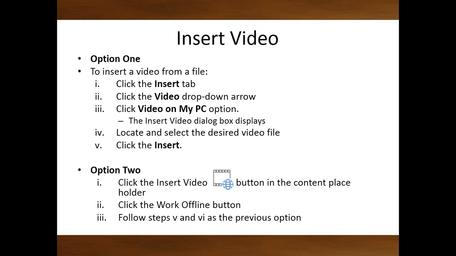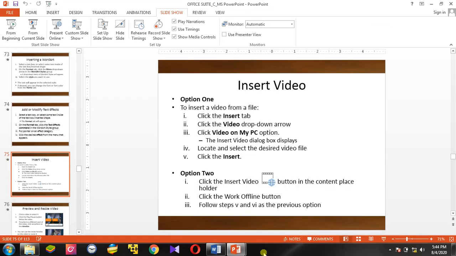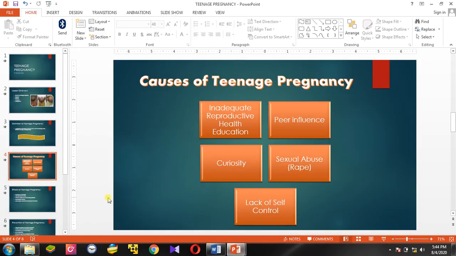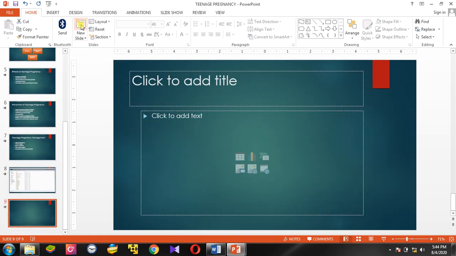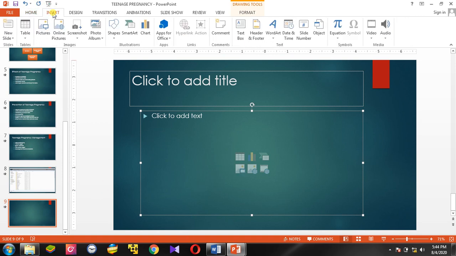A demonstration. Let me go down and insert a new slide. So I want to insert a video in this placeholder, so I'll click it. Then I'll click the Insert tab.